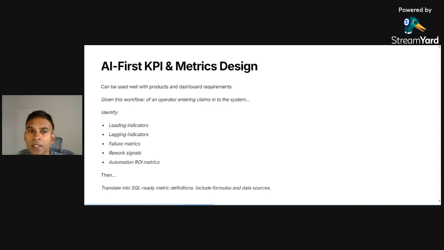All right, so then we come to a point that is very specific to this project, but you can skip this if you want. This is something you come across if you are working with a product and there's a need for a dashboard requirement.